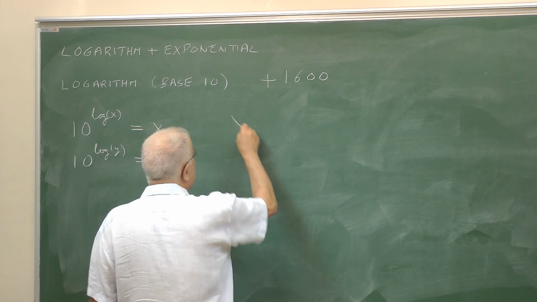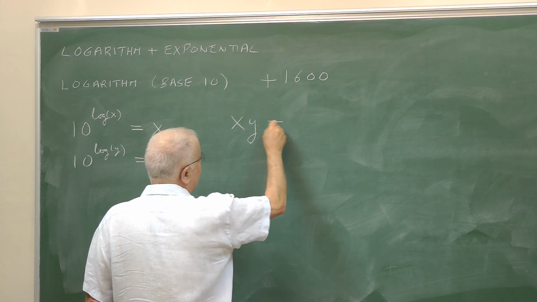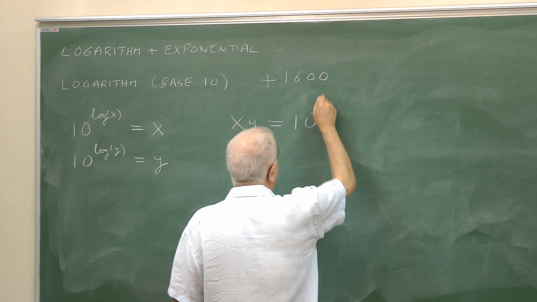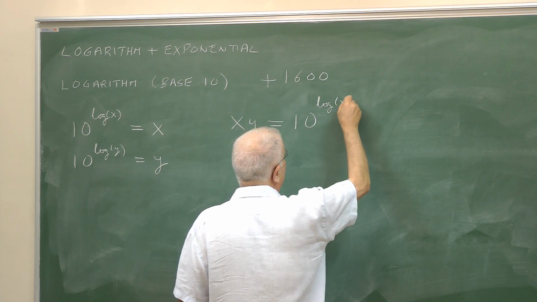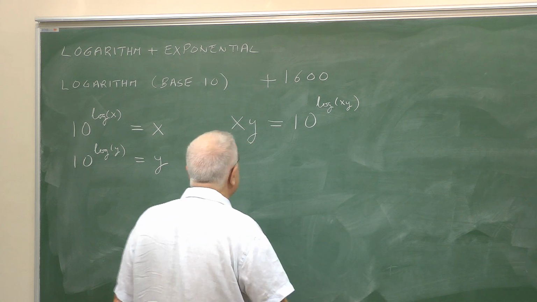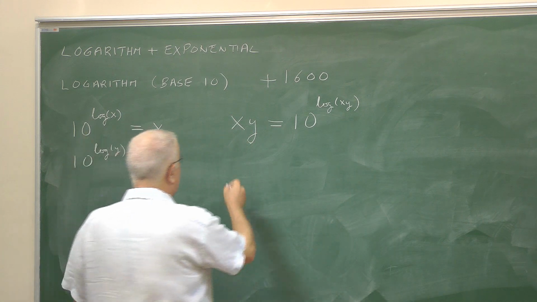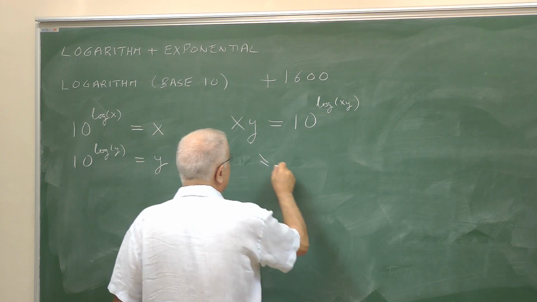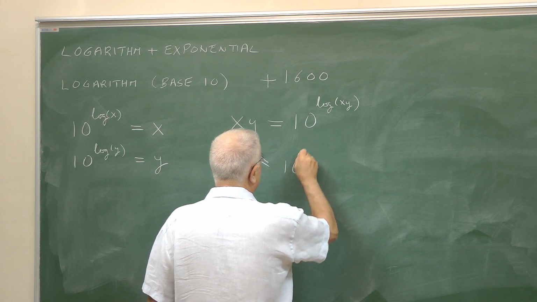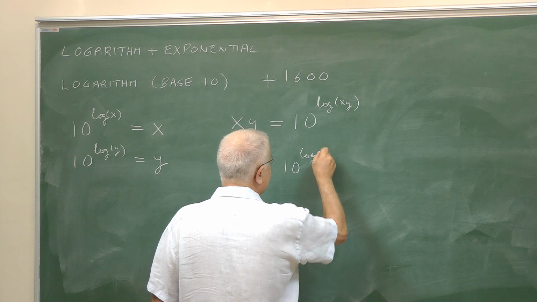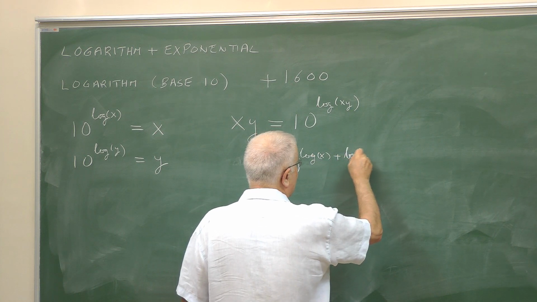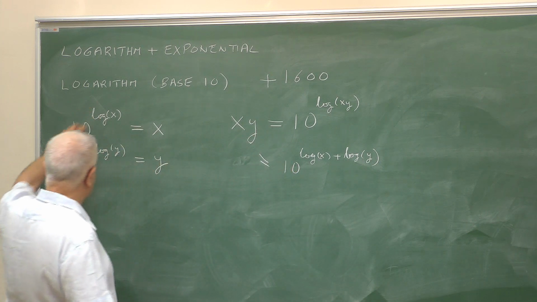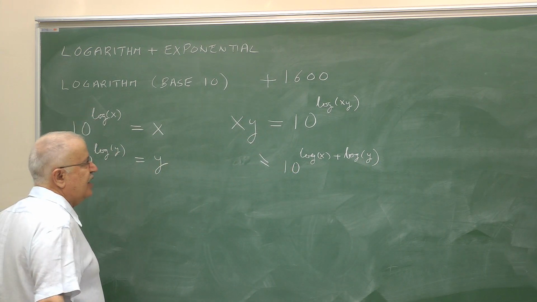So xy is 10 to the logarithm of xy by the same argument. But when you multiply them, on the other hand, this thing equals 10 to the log x plus log y. When we multiply them, same base, powers are added.